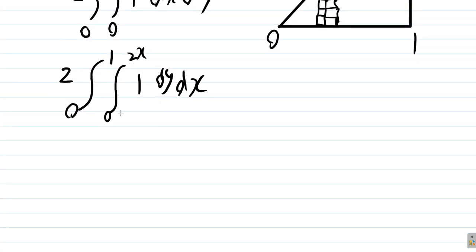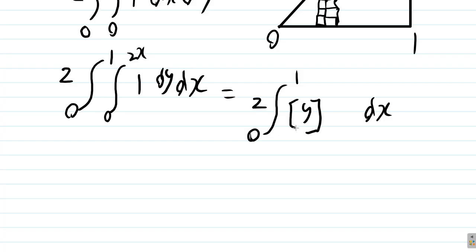So now here we have the integral from 0 to 1, and the integral from 0 to 2x with respect to y. This would give us what? Let's draw back the 0 to 1 and the dx, but let's deal with the first integration, the dy. This is y from 0 to 2x. Alright?